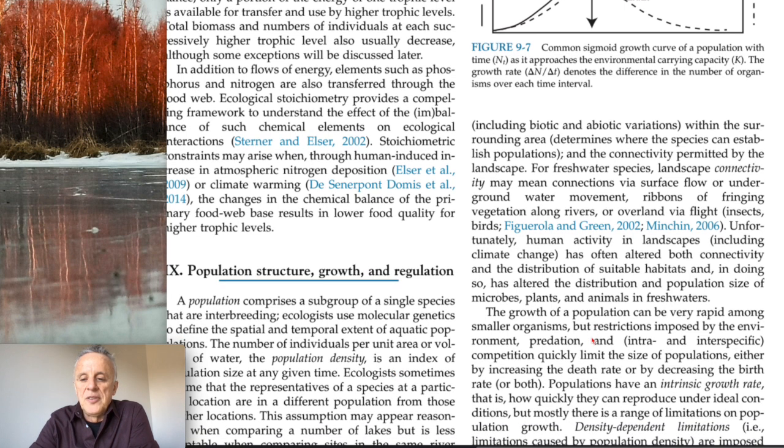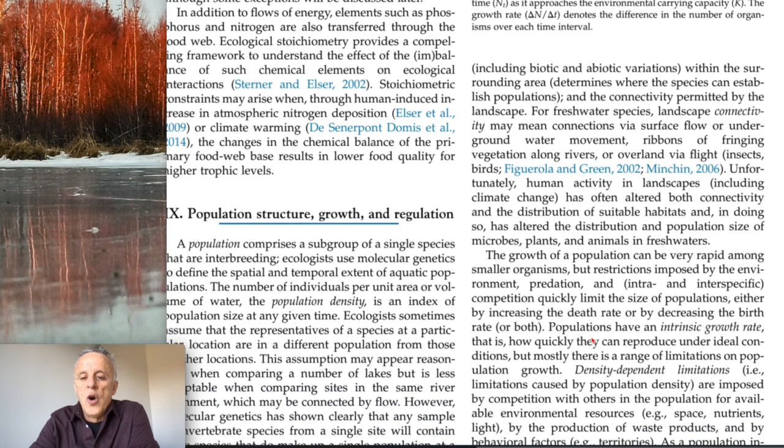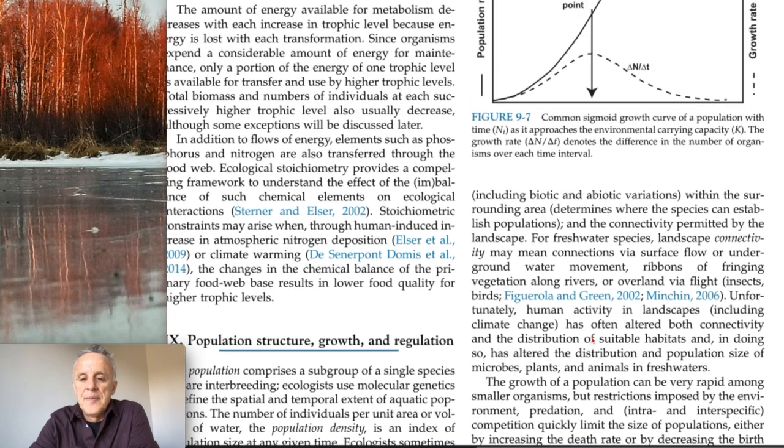For freshwater species, landscape connectivity may mean connection via surface flow or underground water movement, ribbons of fringing vegetation along rivers, or overland via flights. Unfortunately, human activity in landscapes has often altered both connectivity and the distribution of suitable habitats, and in doing so has altered the distribution and population size of microbes, plants, and animals in freshwaters.